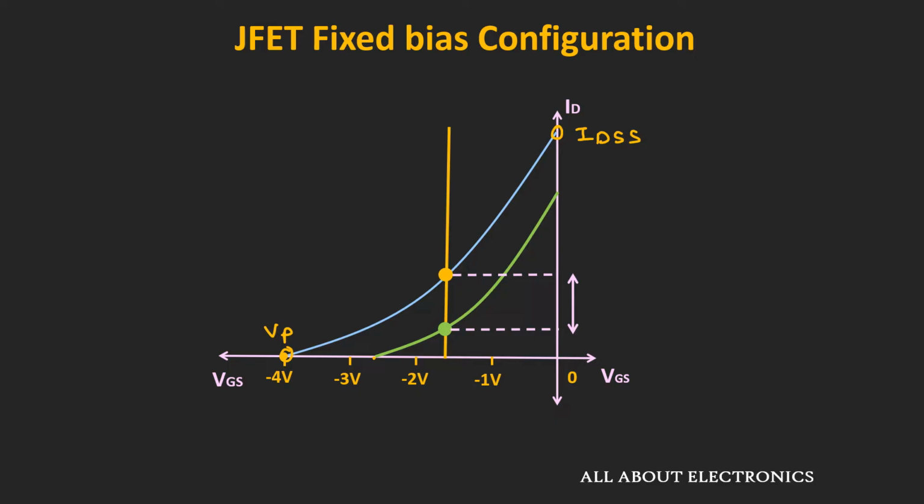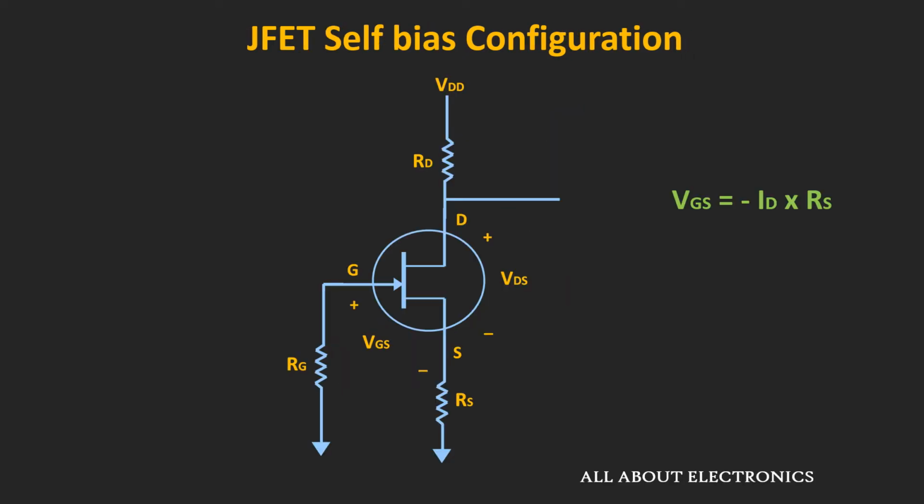Using the self-bias configuration, this change can be reduced. Because as we have seen in the earlier video, in case of the self-bias configuration, the voltage VGS is equal to minus ID times RS. And in the active region, this is the relationship between the drain current ID and the voltage VGS.